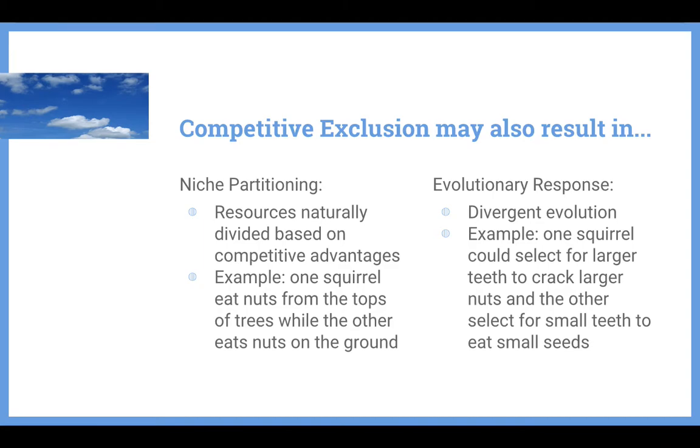But what would happen is one squirrel could select for larger teeth. This will make a little more sense once we really talk about evolution, but the gene for large teeth would become more common in that population so that it can crack larger nuts. And then the other one would select for small teeth so that it can eat smaller seeds and still survive.